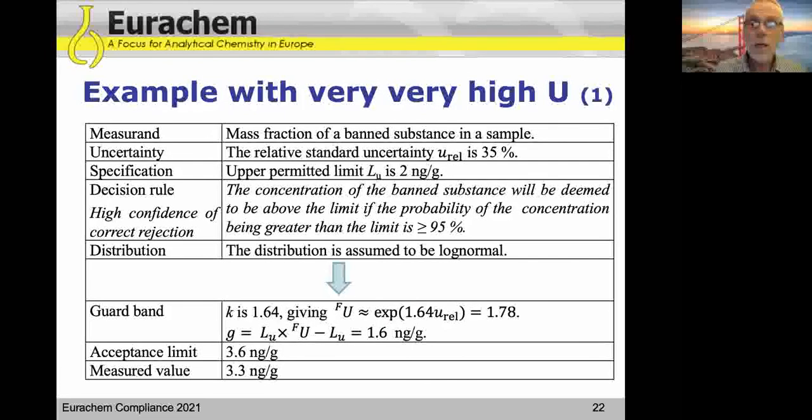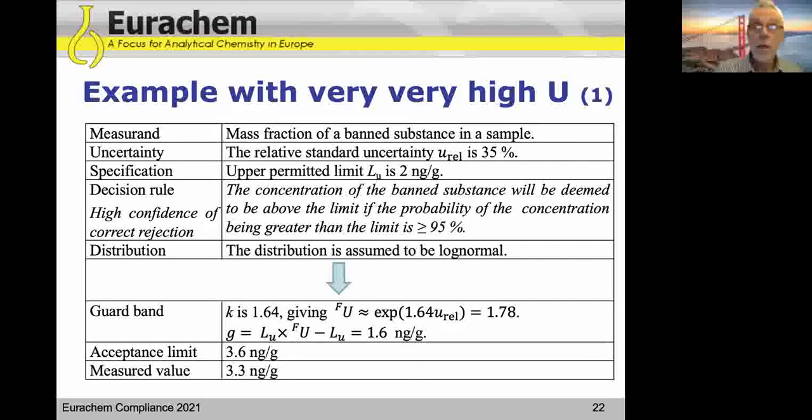So let's take an example here. We have the mass fraction of a banned substance. And the relative standard uncertainty in this case is 35%. The upper permitted limit is 2 nanograms per gram. And we will, in this case, have high confidence of correct reaction instead.